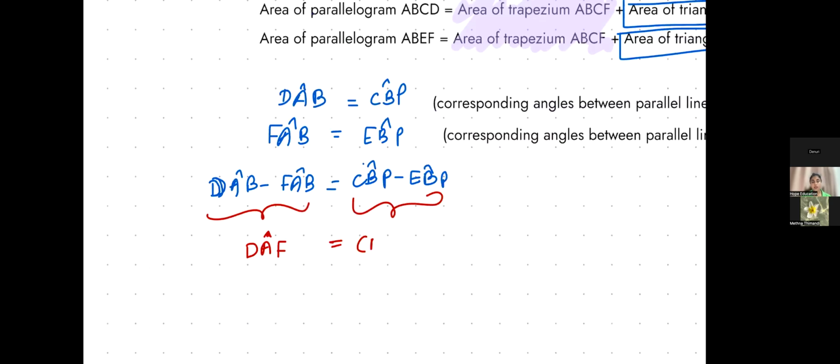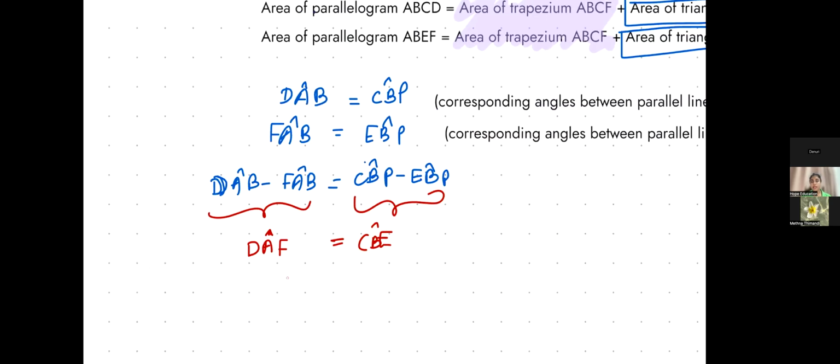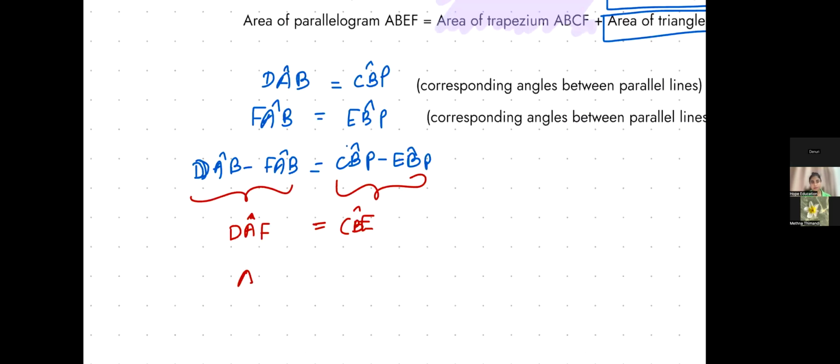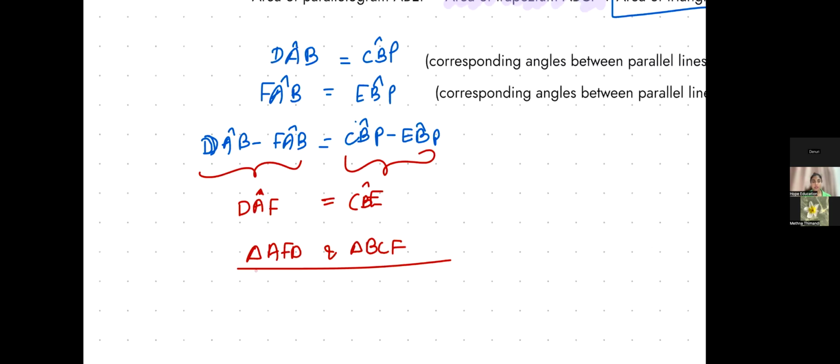Now, if I consider congruency, triangle AFD and BCE, so we can see two angles are equal. DAF equals CBE, right?